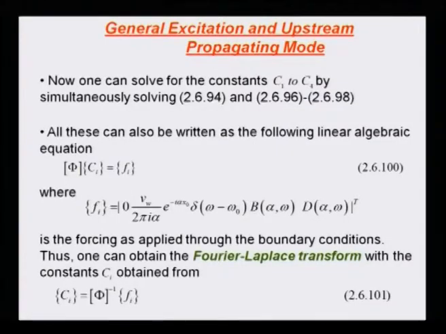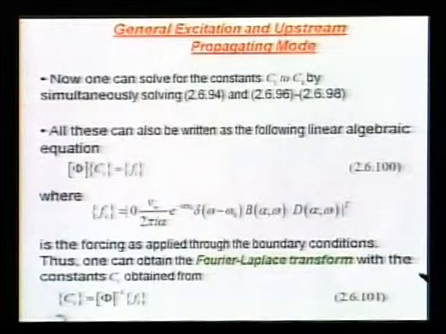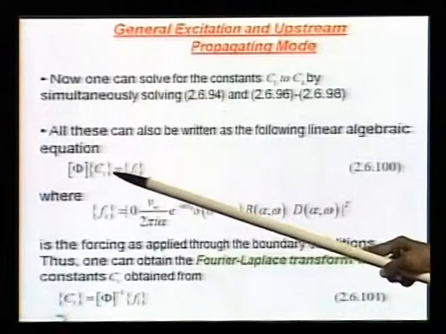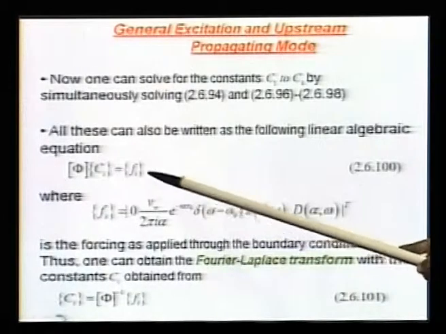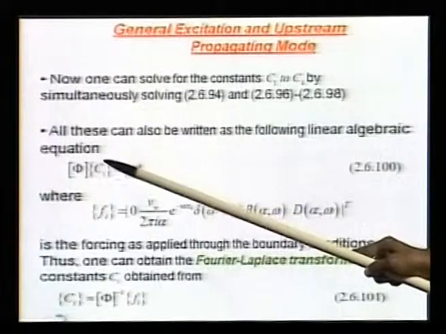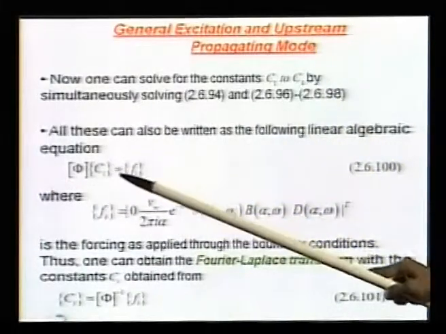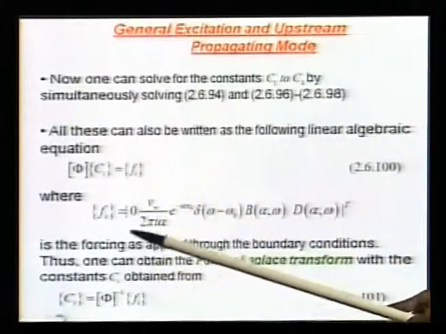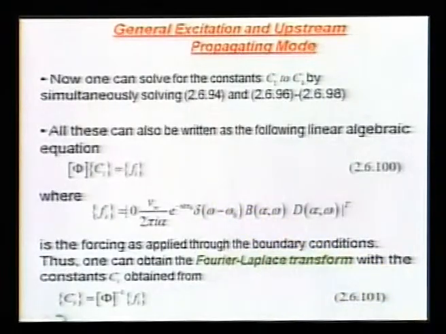Okay. So, that is when we write it down, we can write it down in a linear algebraic relation like this. Some matrix phi operating on this unknown vector C1 to C4, and this is our forced excitation, right. This is our forcing, that is what we have given.